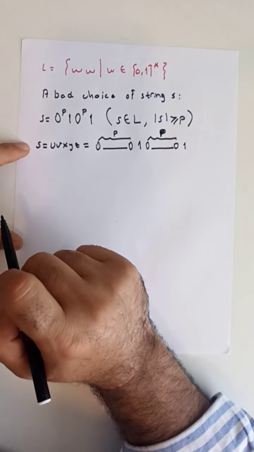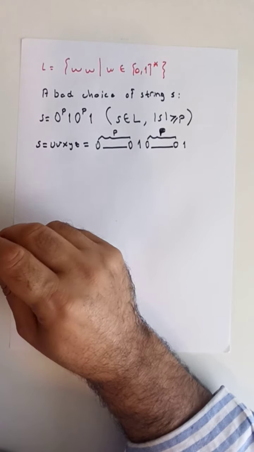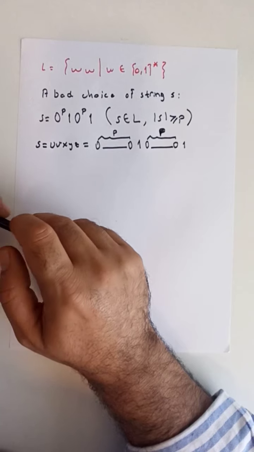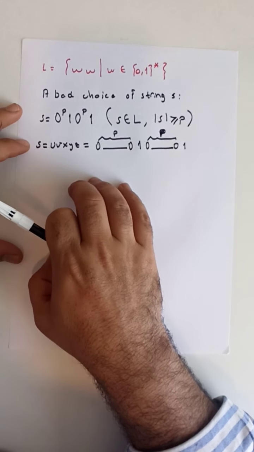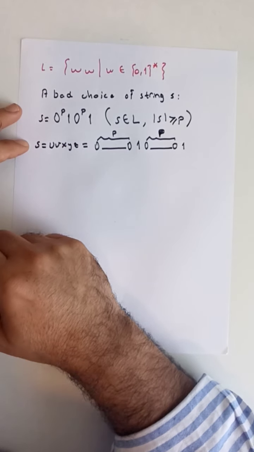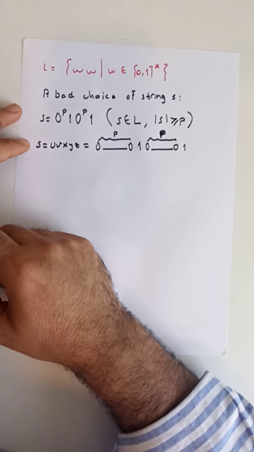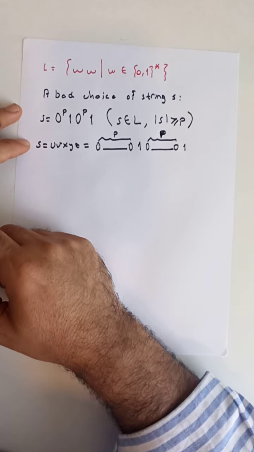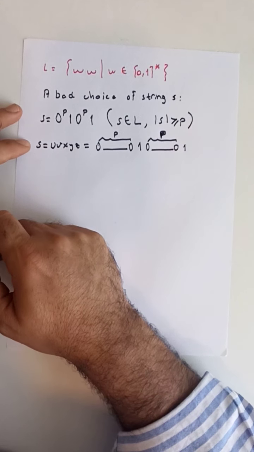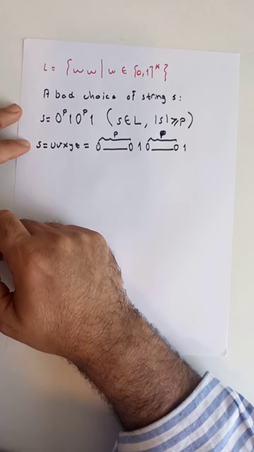As was the case for the previous example, let's consider every possible case for the middle substring vxy, and for each case see if we can show that there exists some i such that u v^i x y^i z is not in the language.